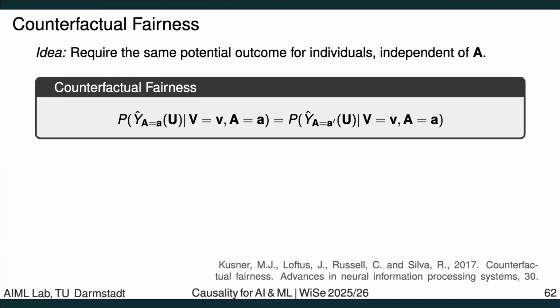And so what we saw is that this can be framed in terms of counterfactuals. And I think we briefly had this notation in previous slides or also in the first exercise, if I remember correctly.